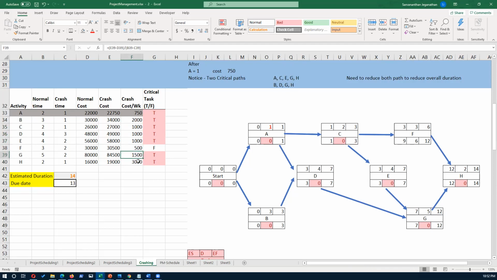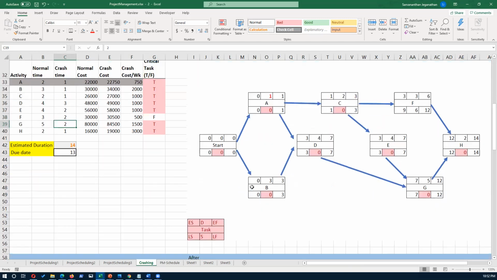So it is the best choice. So we can go and reduce G by 1. It's still reducible, so you can reduce it up to 2 weeks. We just want to reduce it to 4 weeks to complete the project by the due date, 13.